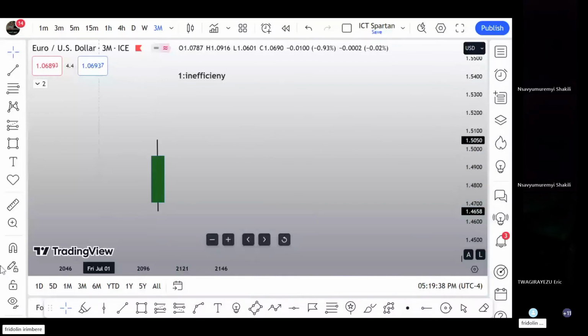So hano murabona iyi ni candlestick ya mbere.